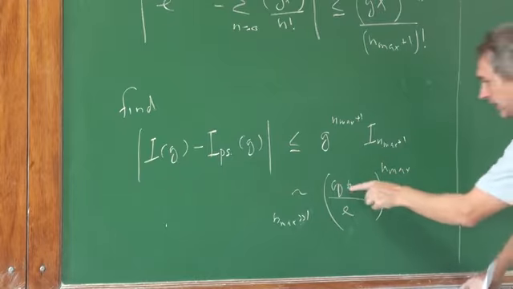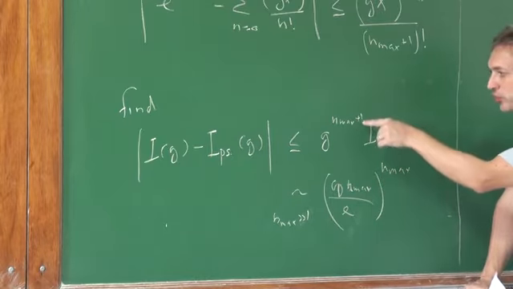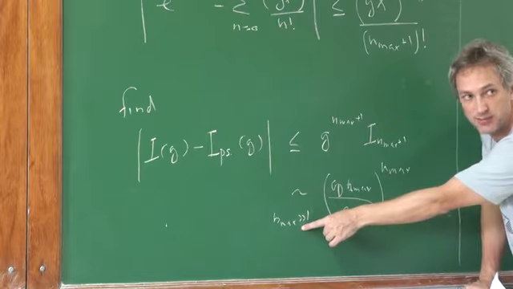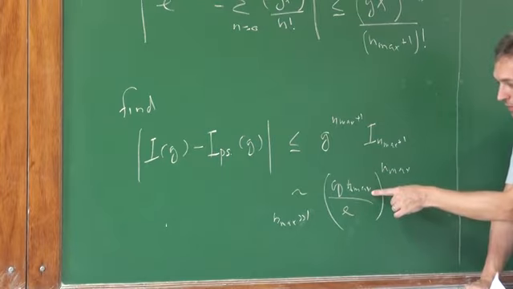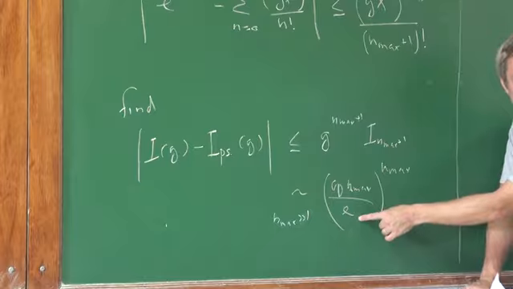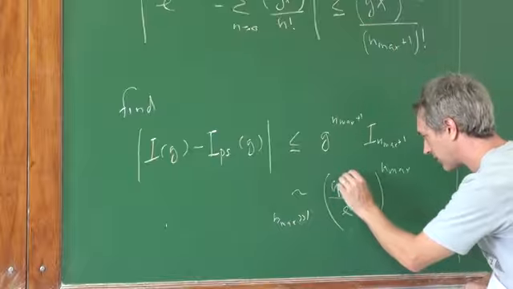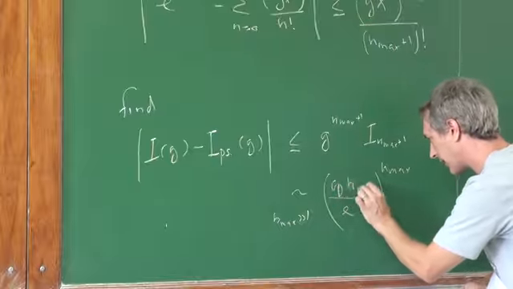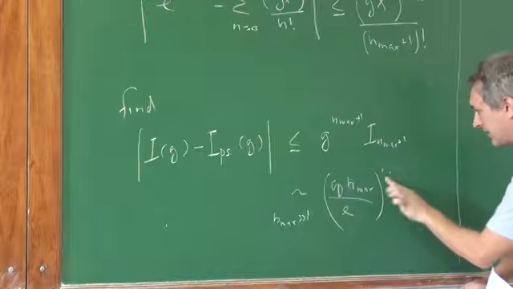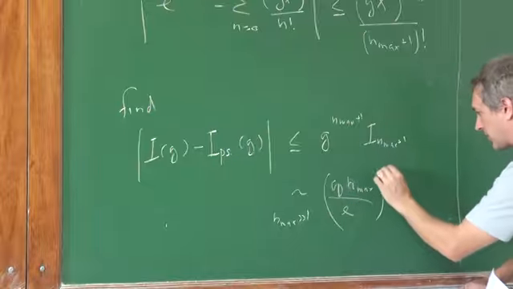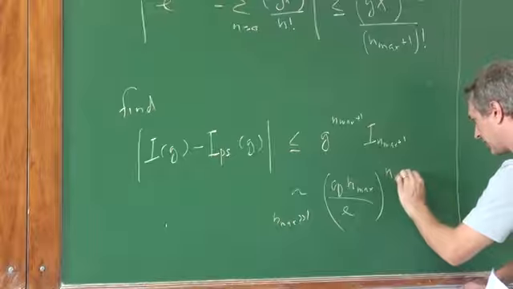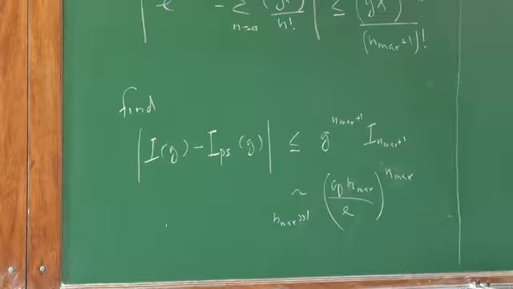So this is g times n max. Now it should be n max plus 1, but if this is much larger than 1, we can just call it n max divided by e, that was what we found, to the power of n max. This is just under the assumption that n max is much larger than 1, and we will see that this is actually the case if g is small.